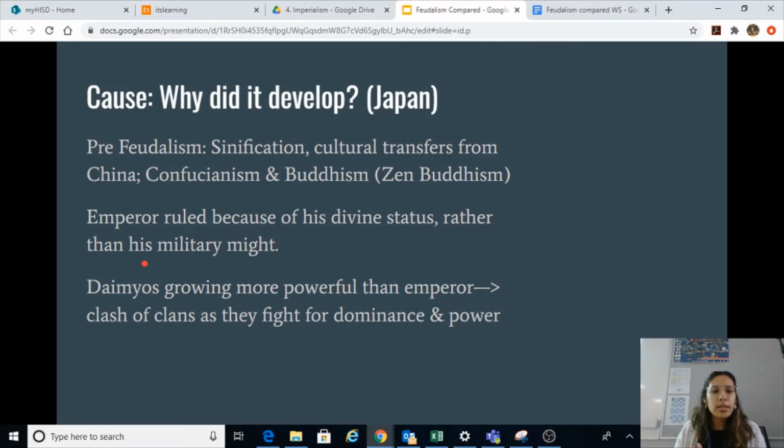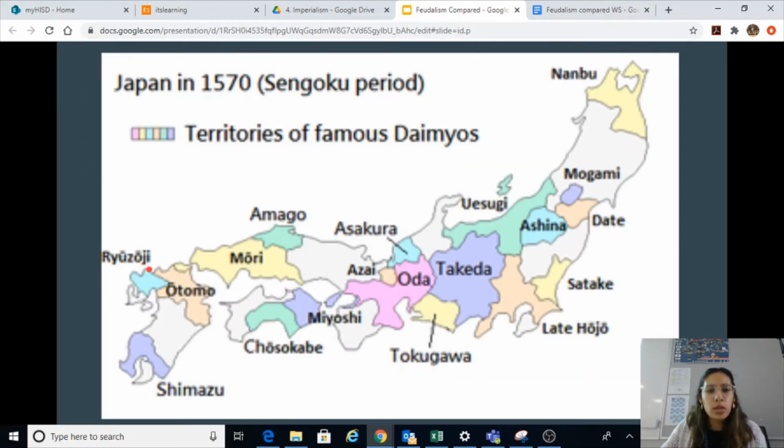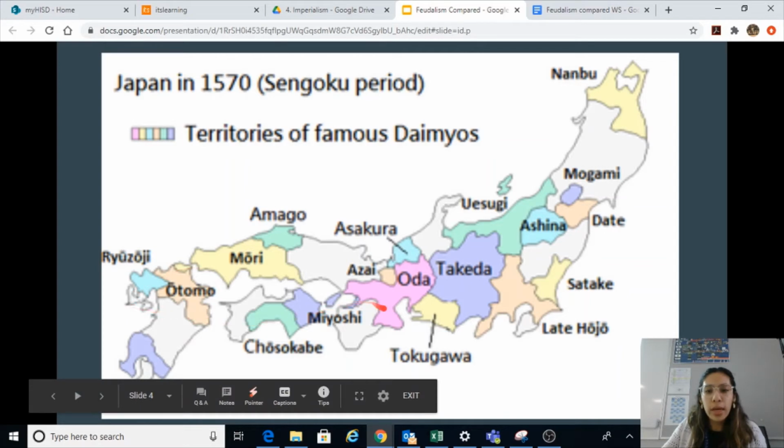So because the emperor does not rule politically, Japan is going to become decentralized and break up into these fragmented states where daimyos, the rulers of each of these pieces of land, are going to fight for power. So this is more or less what Japan is going to look like under feudalism.